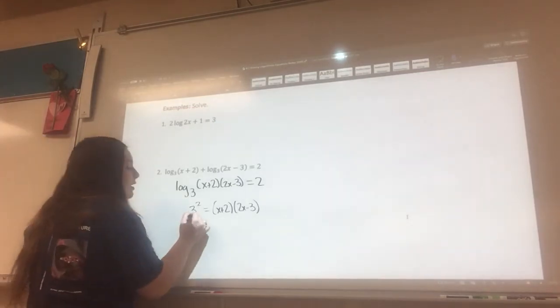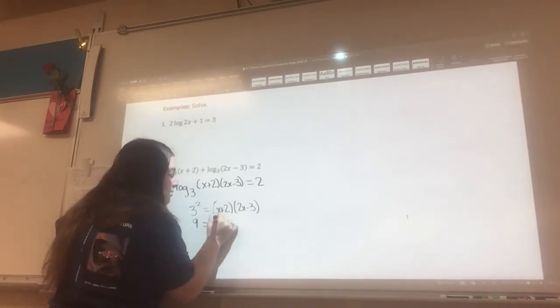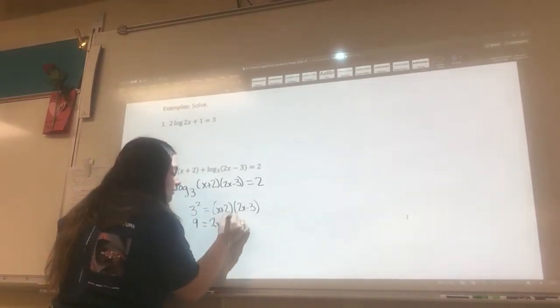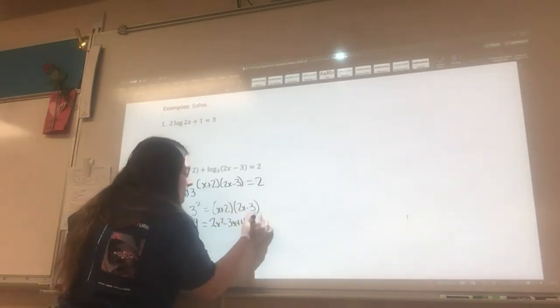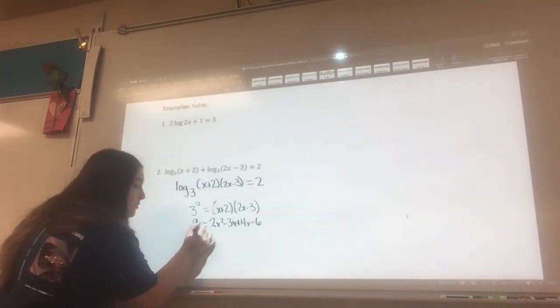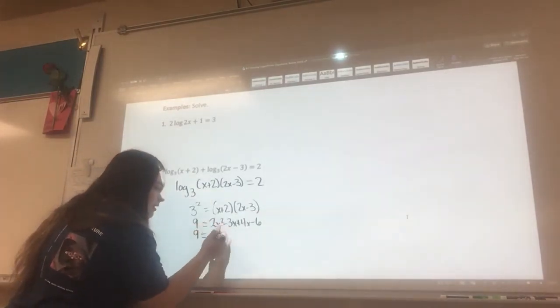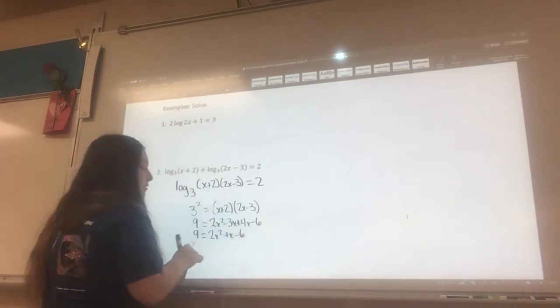We have 3 squared, which is 9, equal to, we're going to get x times 2x, 2x squared, x times negative 3, 2 times 2x, and 2 times negative 3. We should now solve. So we simplify, combine like terms, that word. 2x squared plus x minus 6.